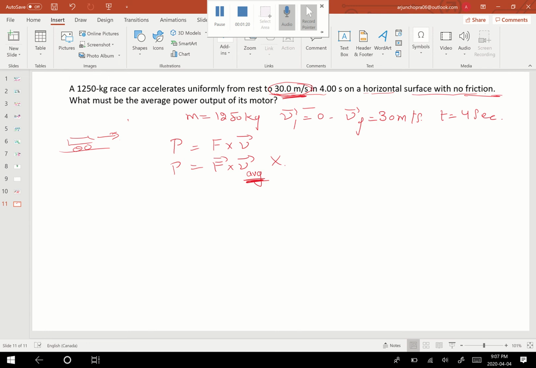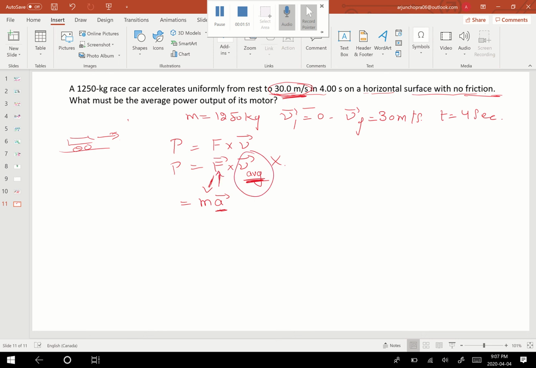So let's try and solve it with some other method. On top of that, I'm not given the force value either. If I want to find the force value, what do I need to do? Force is equal to mass times acceleration. But I can find the acceleration, so I'll still be able to find the force from here, but I can't use this average velocity.